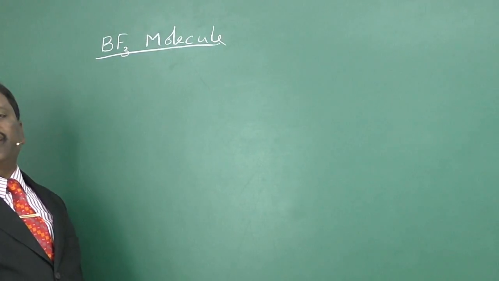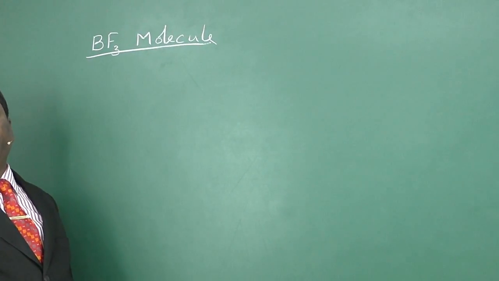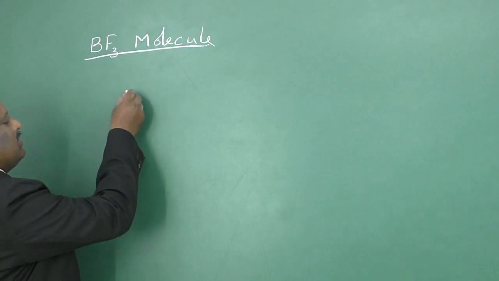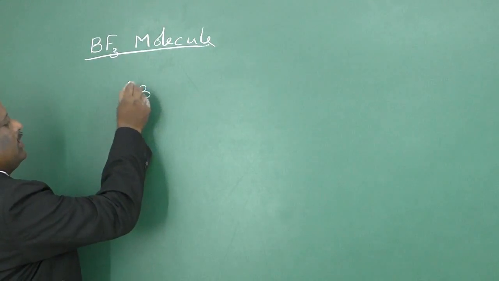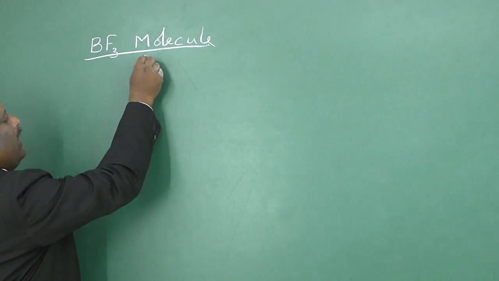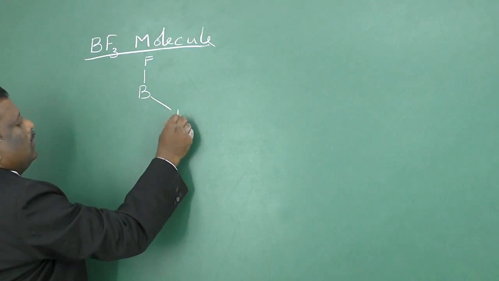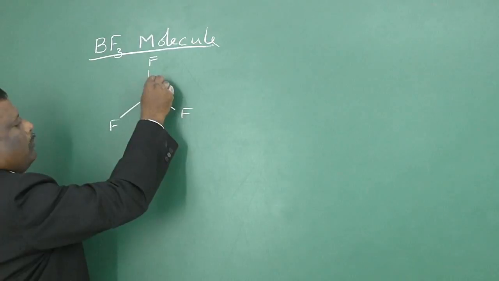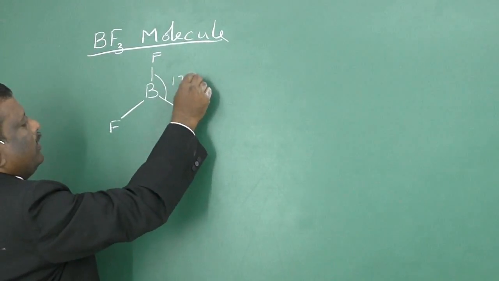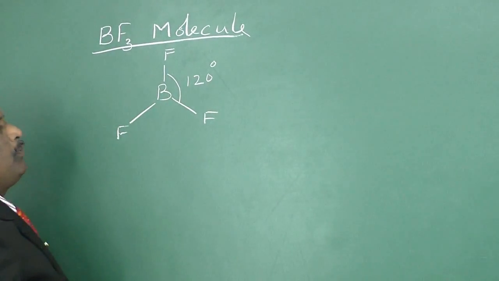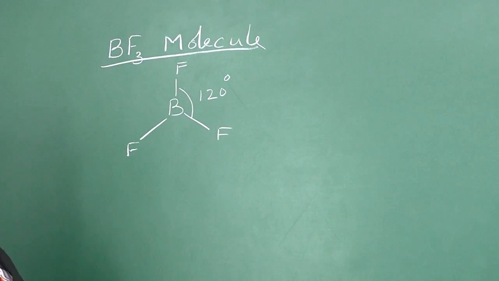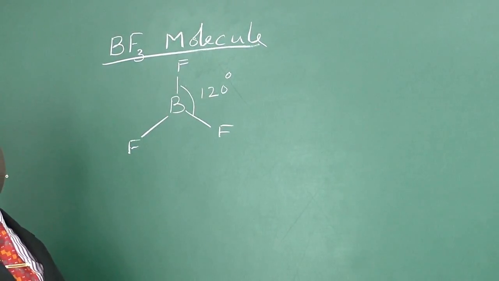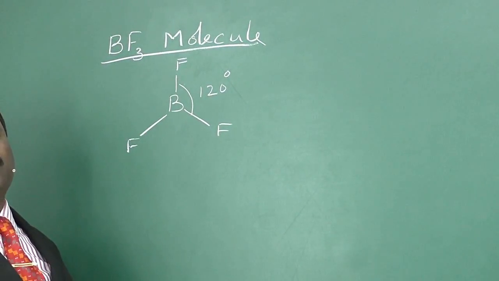The X-ray studies of BF3 molecule reveal that the boron atom is present in the center and 3 fluorine atoms are bonded with a covalent bond like this, and the bond angle is found to be 120 degrees and the molecule is in planar trigonal shape. This is the structure of boron trifluoride.